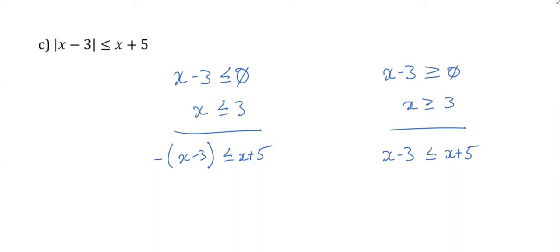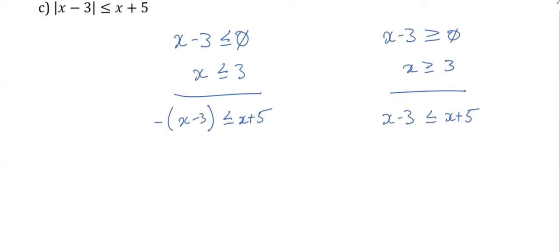Then I set up my inequalities, and noticing that case number 1 was where there was less than 0, what do you have to do? Absolute value multiplied by -1. And then we just solve.